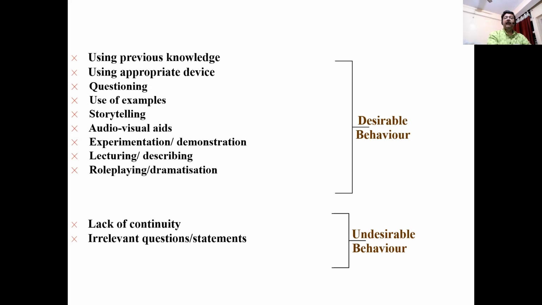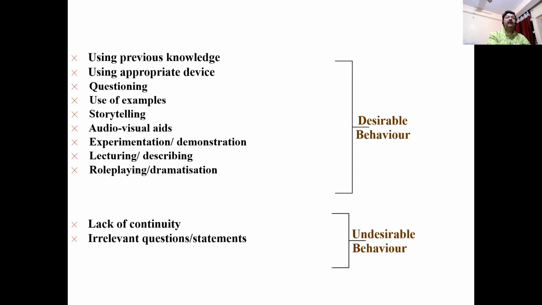So from this we come to the undesirable behavior. The first undesirable behavior is lack of continuity. Whatever you are doing, from getting into the class, your activity should be in continuity.